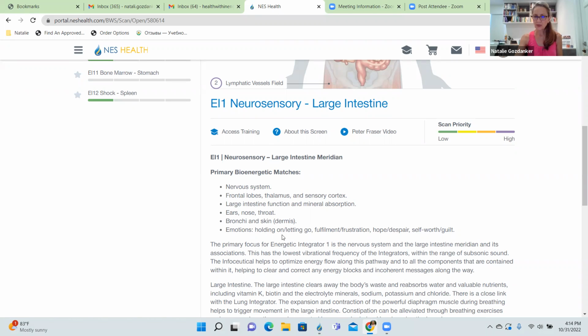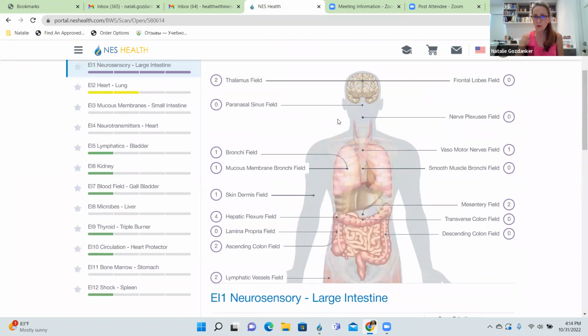In order for us to optimize the function of all those stations that sit on this train, we need to optimize the function of the large bowel, the lungs, and the throat, nose, and sinuses. The flow of energy in the NES scan is one of my favorite screens, because there's so much information we can get here. And very often my clients say, oh my God, how does it know?